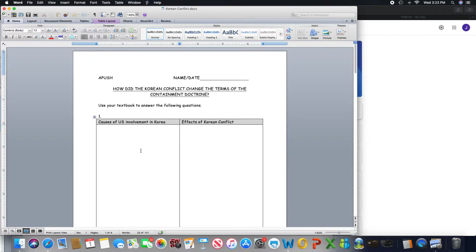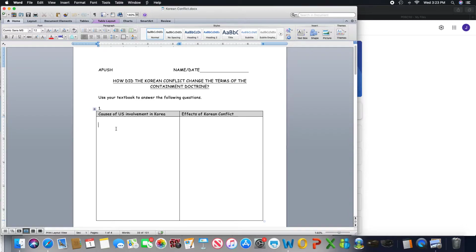I had asked you to identify some of the causes of the Korean conflict. So let's start there: the U.S. wanted to contain communism. Korea had been divided at the 38th parallel after World War II.